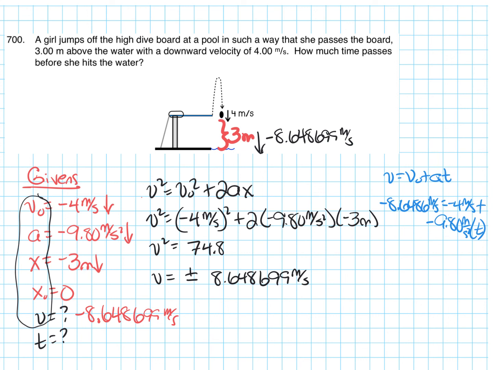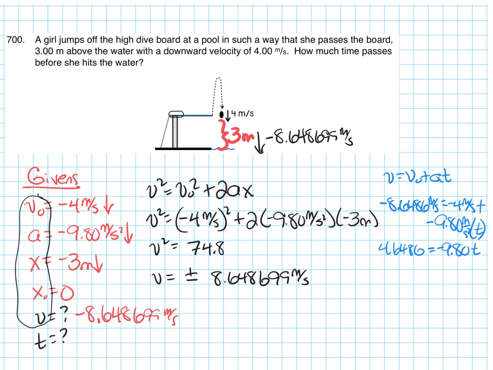So I can move the 4 to the other side by adding it. So when I do that, I'll get, oops, that's not right. I'll get negative 4.6486 equals negative 9.8 times time. Then to isolate t, I've got 9.8 times time, so now I've got to divide both sides by 9.8.